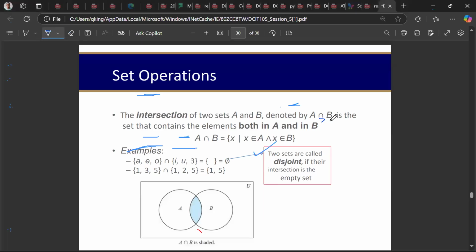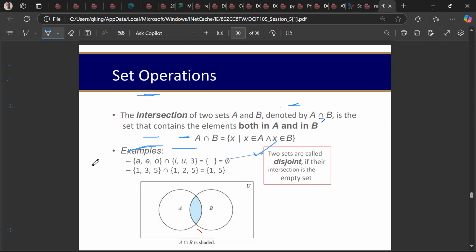And so A intersection B means that both sets contain a particular, same element. That is what the intersection means.